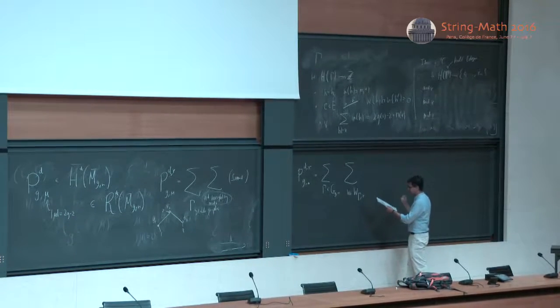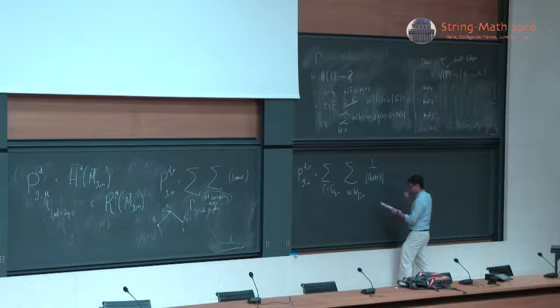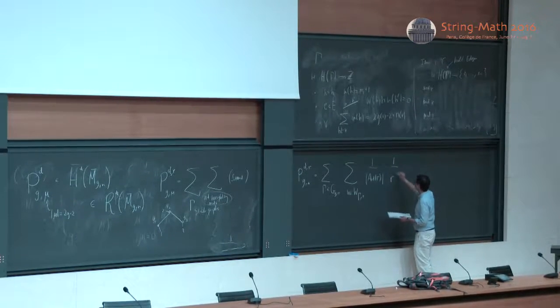That's that set I described. And then in all of these sums, we have the automorphism of the graph, that's a number, and then a power of r. This is h1 of the graph.